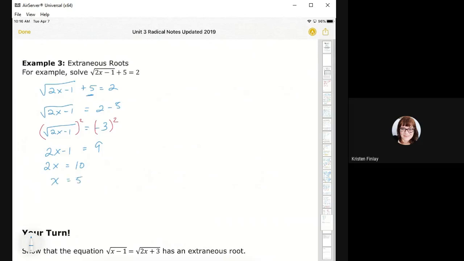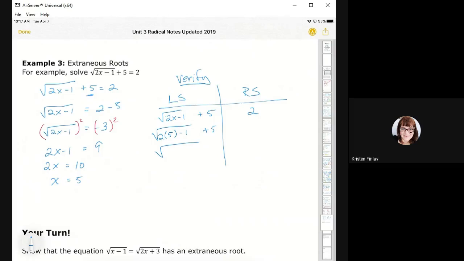Okay, now we're going to verify this solution. We only have one. Left side, right side. So on this side, we have root 2x minus 1 plus 5, and over here we have 2. So we're just going to substitute in our value 5. So 2 times 5 minus 1 plus 5. 2 times 5 is 10. 10 minus 1 plus 5.